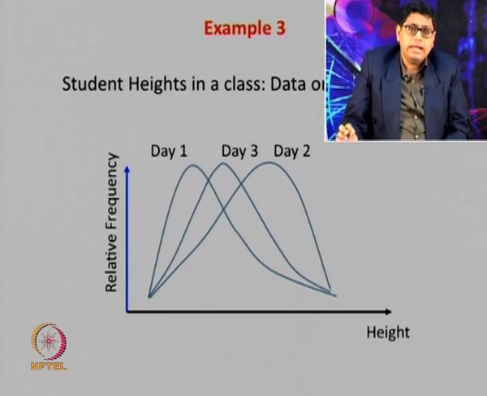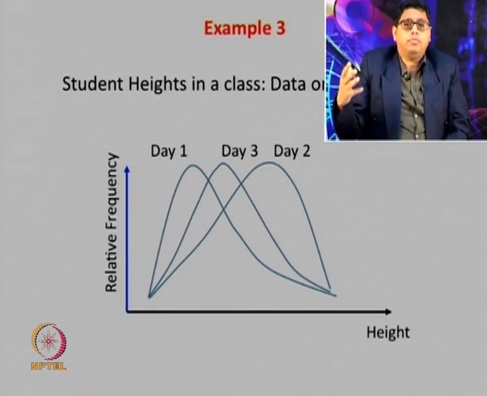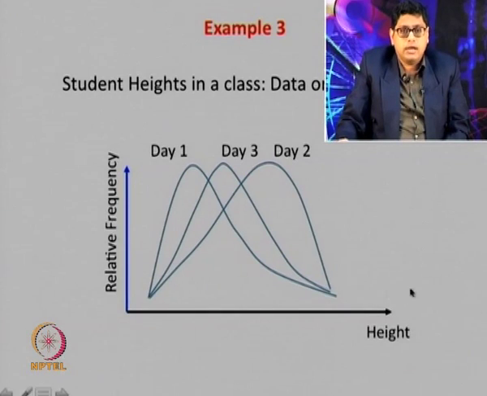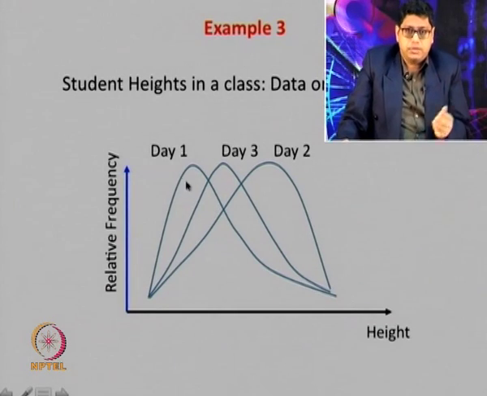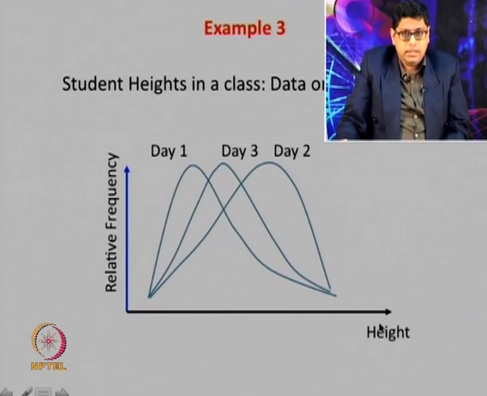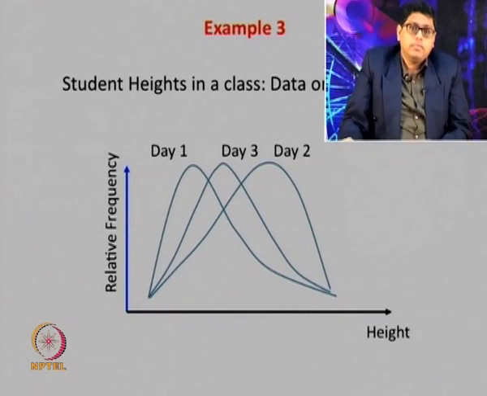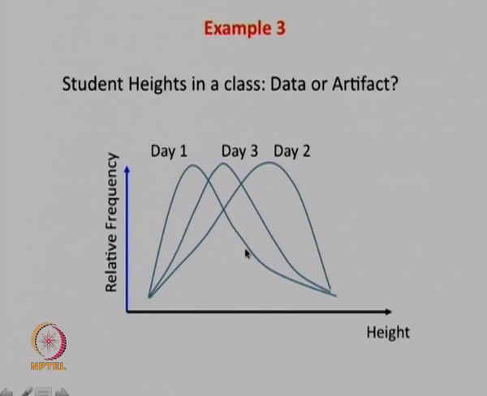Now, if I imagine that on an average your population consists of boys and girls, and on an average boys are taller than girls, then it is possible that on day 1 you had a greater number of girls present in the lecture, on day 2 you had a greater prevalence of boys attending the lecture, and on day 3 there is a reasonably equal fraction of boys and girls present in the class. Okay.